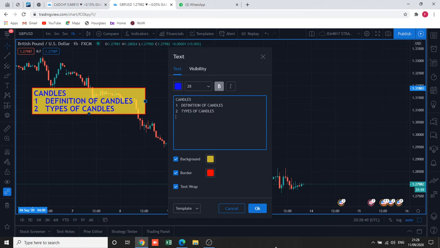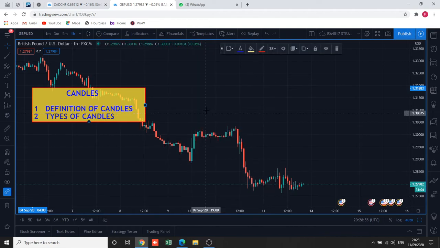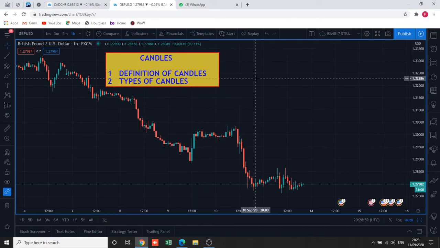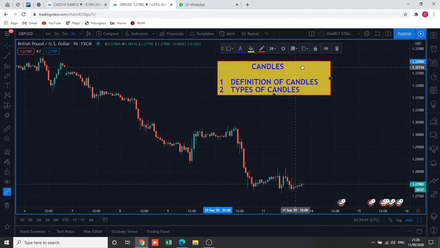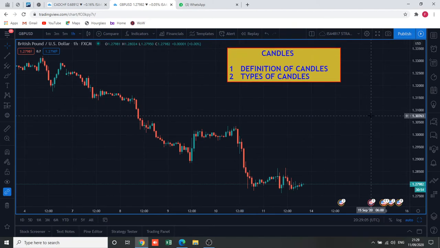Now, I want us to note that under candles, we'll be considering what the candle represents in the forex market.